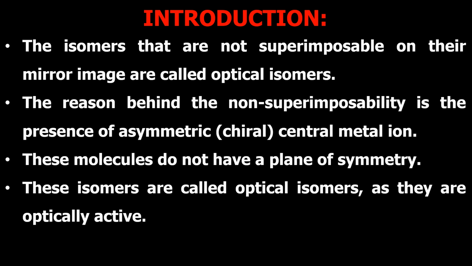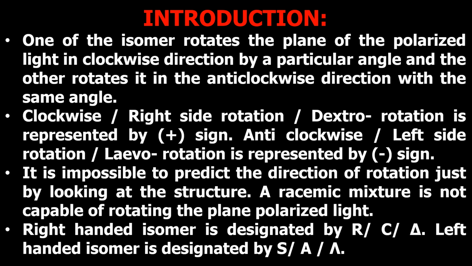Now, if you come across a pair of molecules which are isomers and their mirror images are not superimposable on each other, or they are chiral, then they are optically active. Now, what is this optical activity? These optically active compounds are the compounds that rotate the plane of the polarized light either in clockwise direction or in anti-clockwise direction.